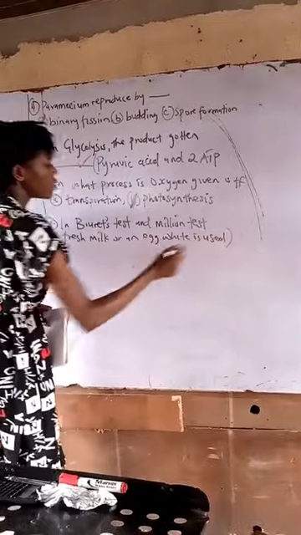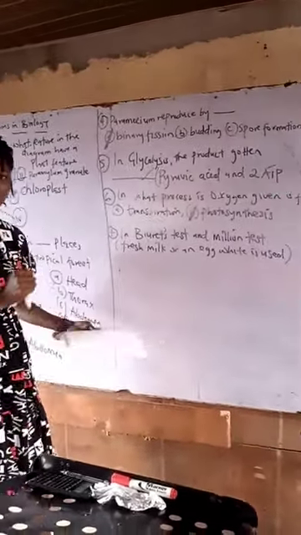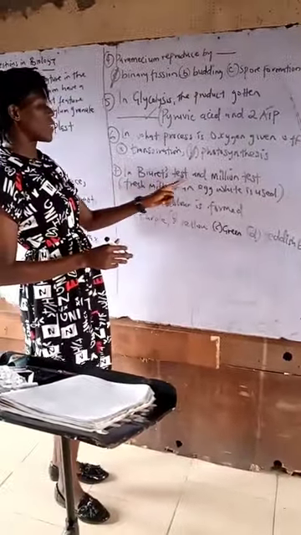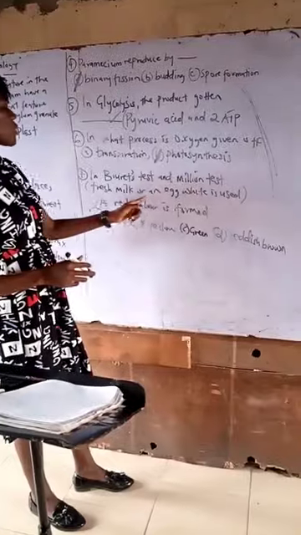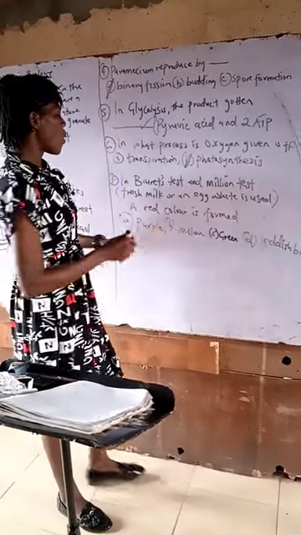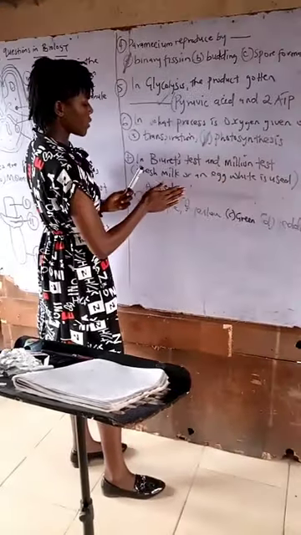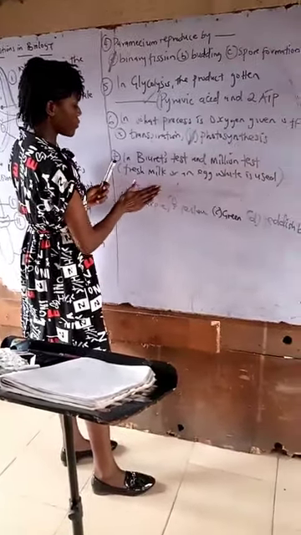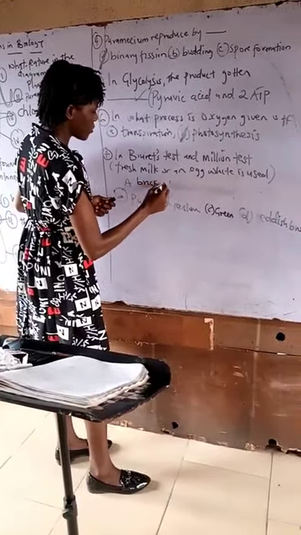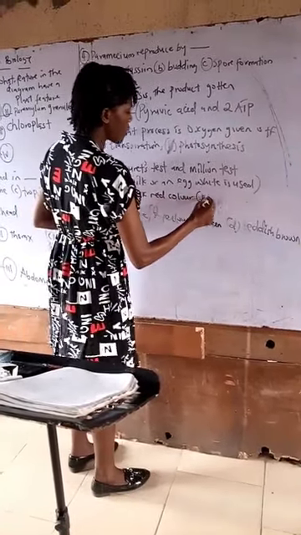The observation is this: a brick red color, otherwise called reddish brown, is formed.